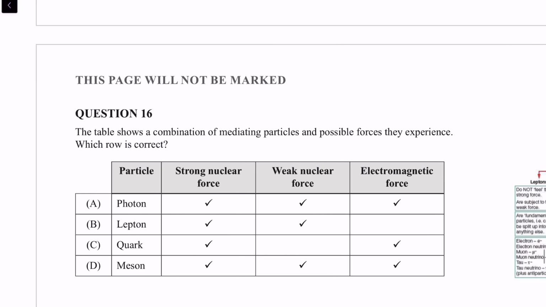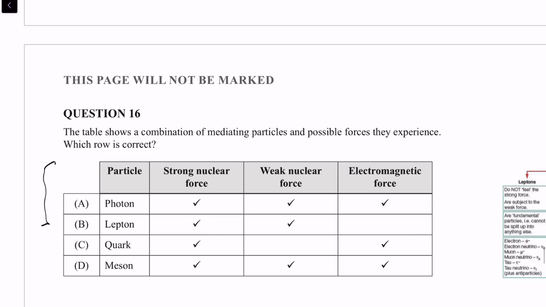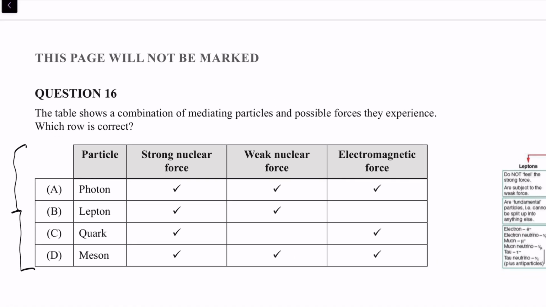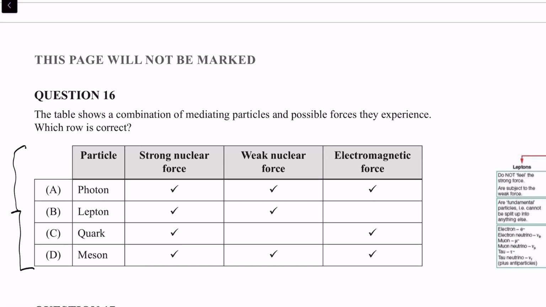It was so useful for answering this sort of table question where you had to tick which row is correct, because these are the mediating particles and forces that they experience. So for this one, photon, I believe there's no strong nuclear force because it's only the gluons.